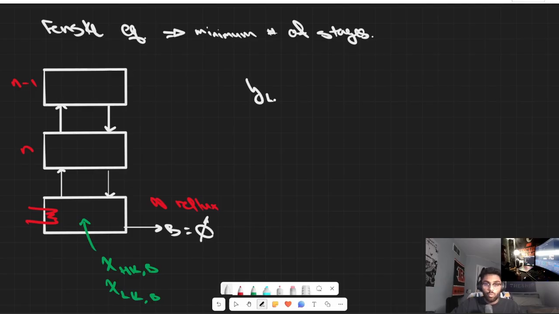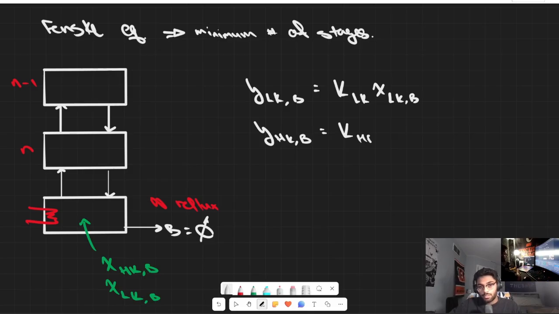We say that y for our light key at the bottom is equal to the K of the light key times the x of the light key at the bottom, and the same can be said for the heavy key. So this just follows that relationship, K equals y over x.